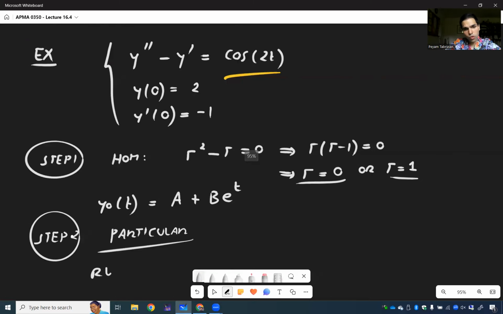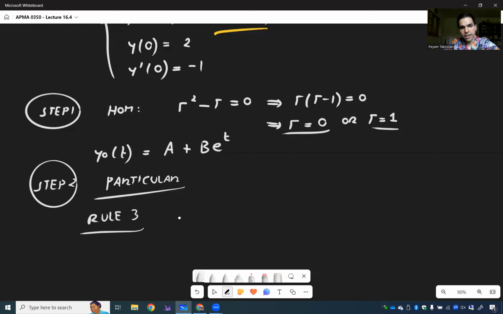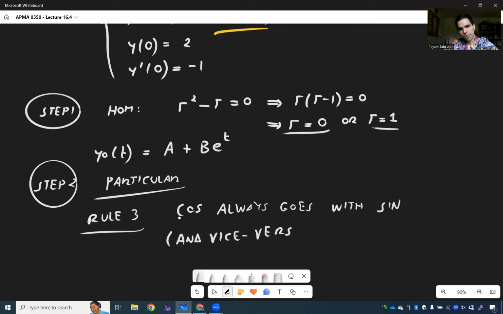So the third rule for undetermined coefficients is simply: cosine always goes with sine, and vice versa. Here's what I mean by that.